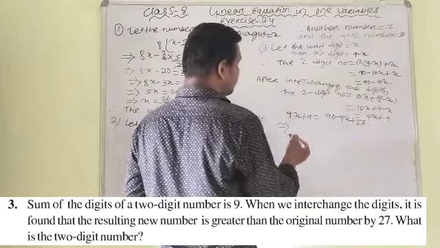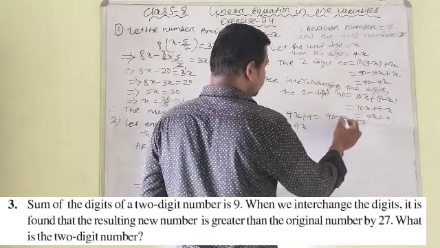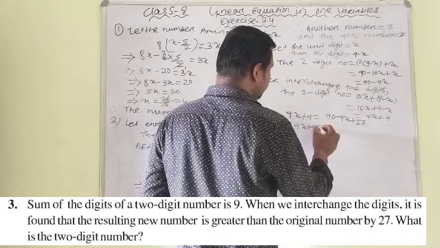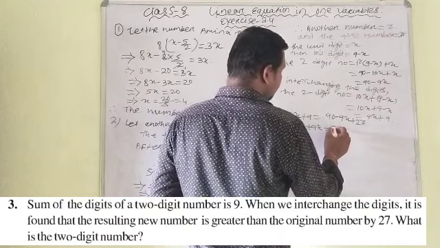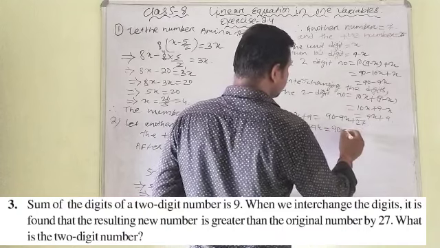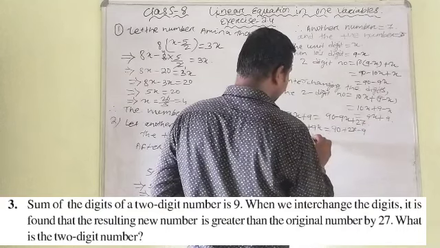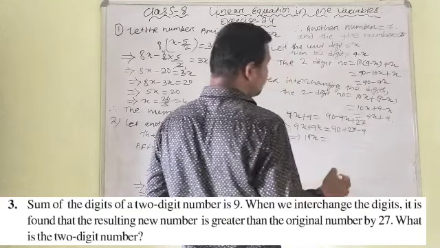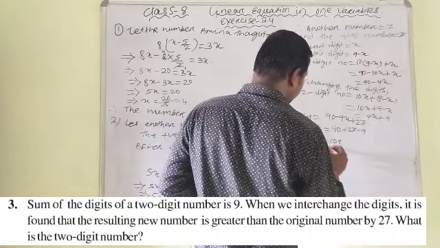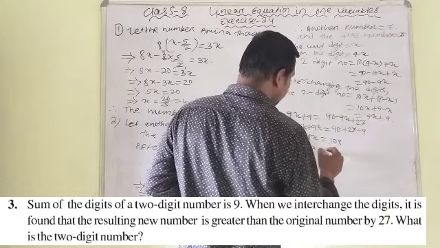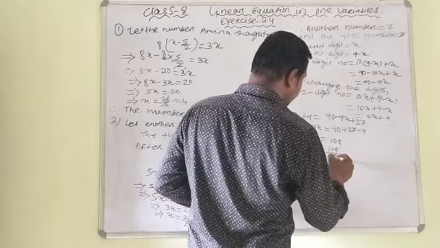Okay, now 9x from the right side will come to the left side, it will become plus 9x, and plus 9 from the left side will transpose and become minus 9. So we will write down 18x equal to, after solving we will get 108. X is equal to 108 by 18.